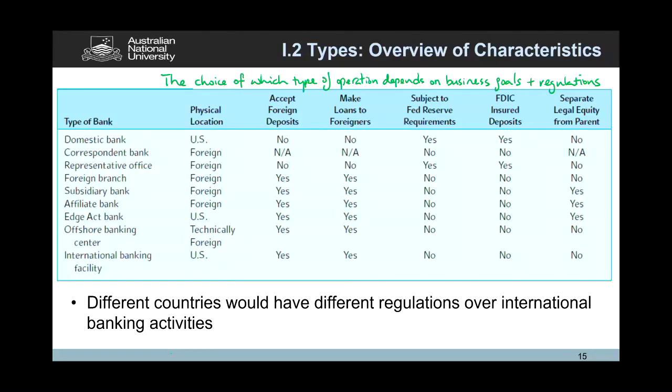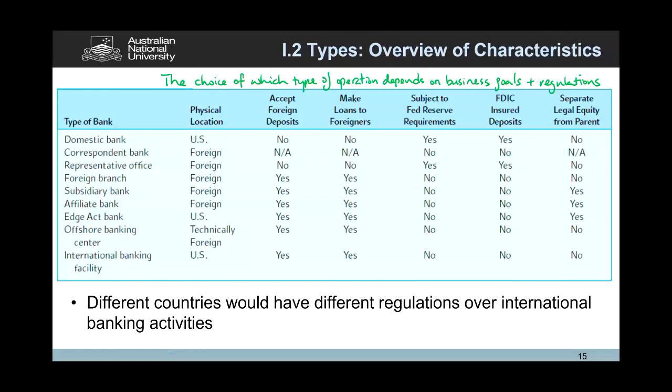The bottom line is that they differ in terms of whether or not they can make loans and accept deposits from foreign offshore clients, whether they're subject to local or foreign financial regulations, and whether they are the same entity or separate legal entities from their parents. And obviously, they also differ in terms of their setup costs.